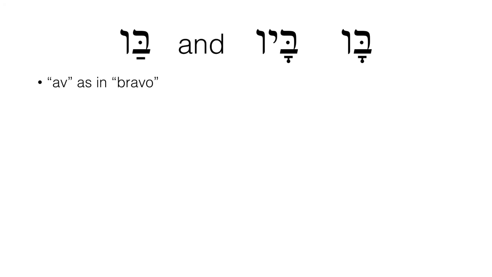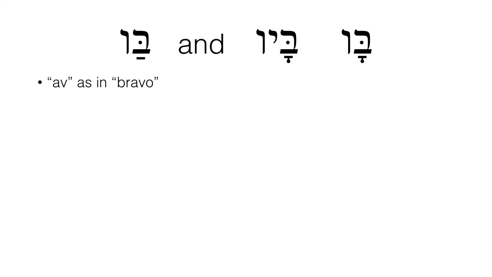Now this one does not make as much sense for all examples. Here we have either a kametz plus a vav, a kametz yod vav, or a patak and a vav.